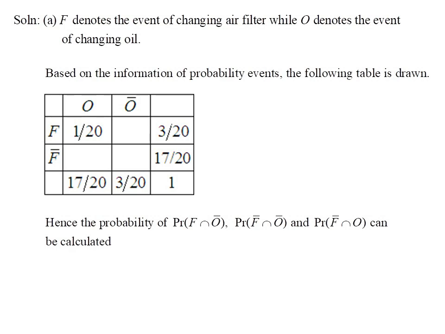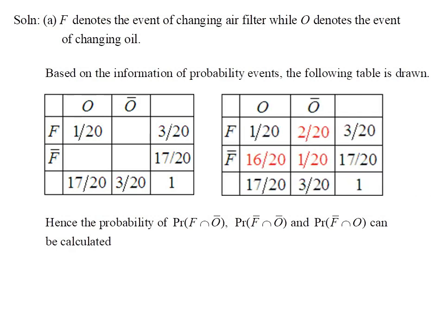of the blank rectangles, including the probability of the event that requiring an air filter change without an oil change, as they can be seen in the table on the right side.